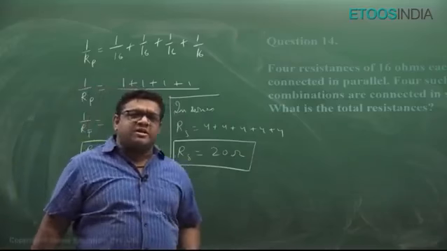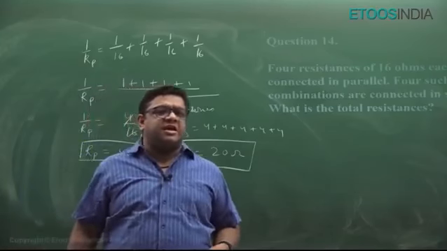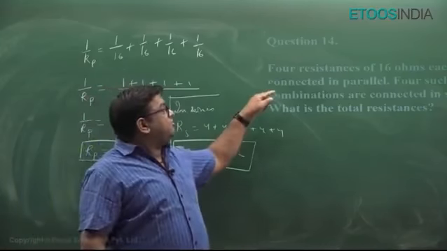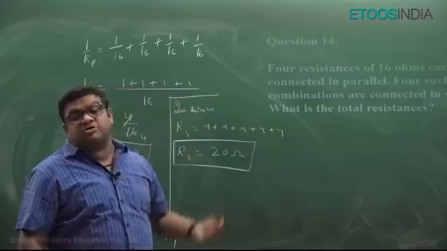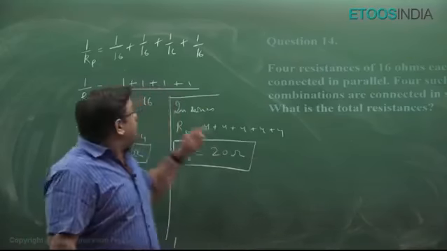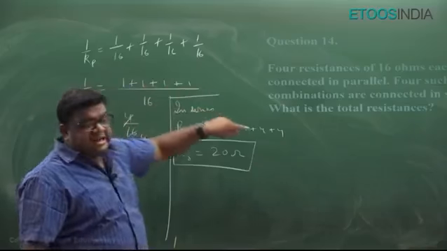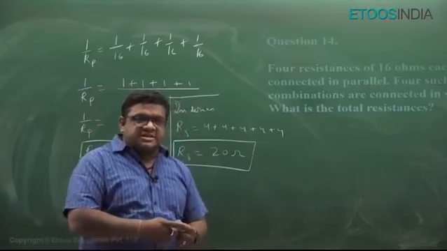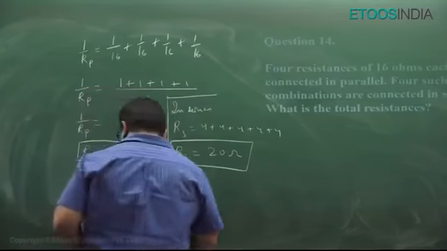We need to look at the approach of the question. What is it saying? See, if I would have made a diagram, it is quite possible it might be easier for someone or it might not be easier for someone. So what I have done is I have taken out the value for one set and then I have added in series. Let's come on to the next question now.